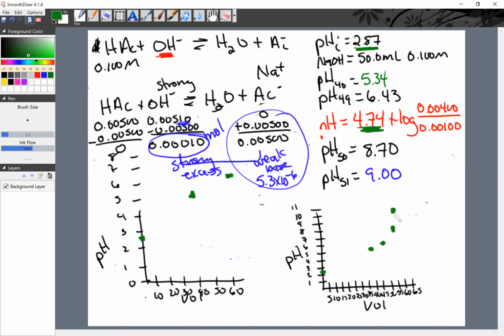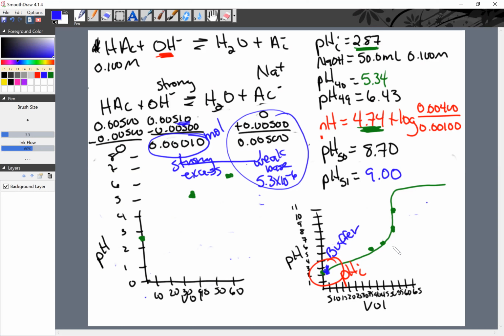All right, now that's not very many points, but the graph is looking like this. And then if you overshoot, it will keep going. This initial spot right here, my initial pH, that's just what's in the beaker. Right here, the moment I add any type of hydroxide to it, I am buffered.